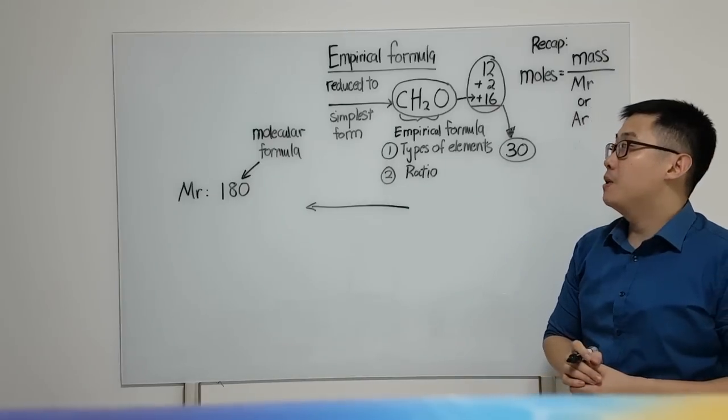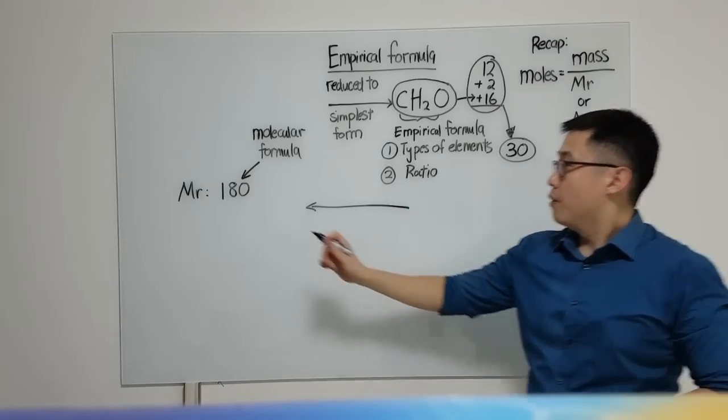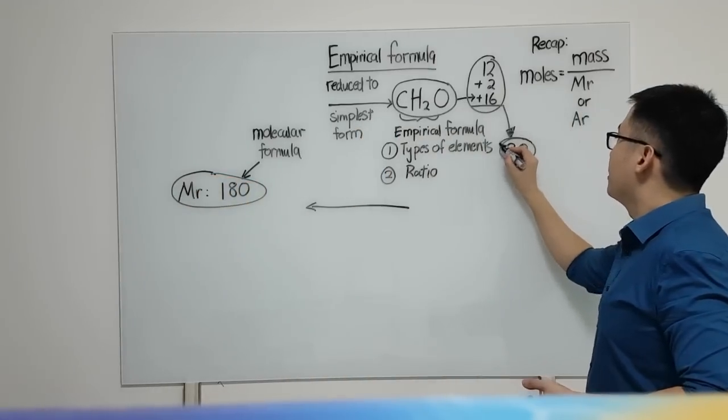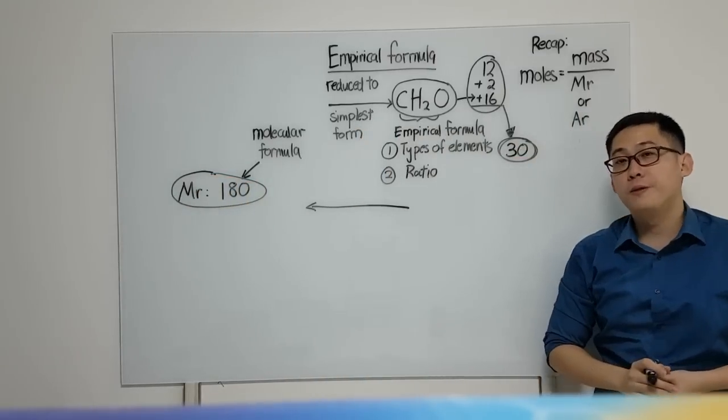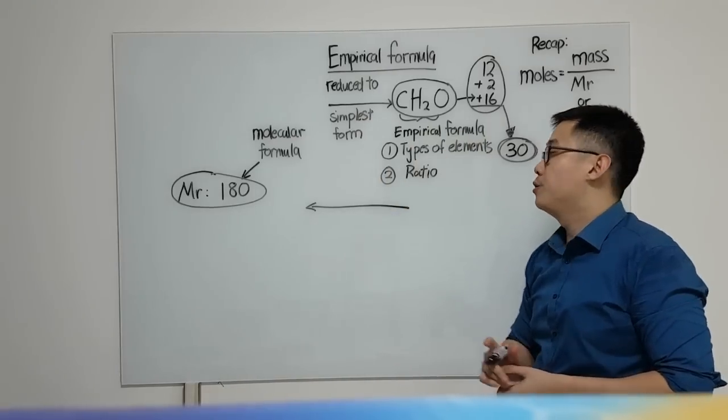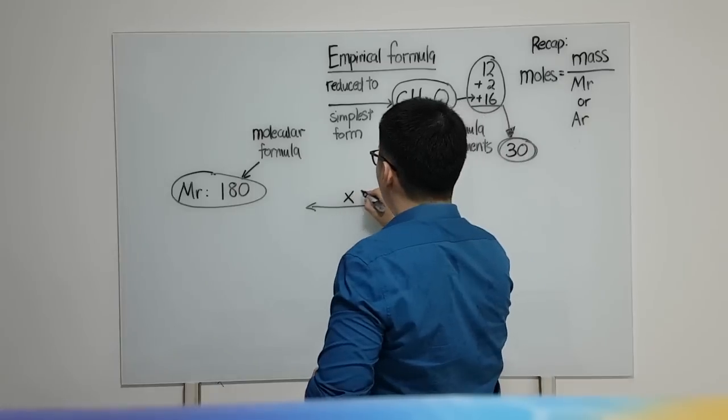I would then understand that with your Mr of 180 here, and the Mr of the empirical formula, in order to find the molecular formula, all I need to do is to multiply it by 6.